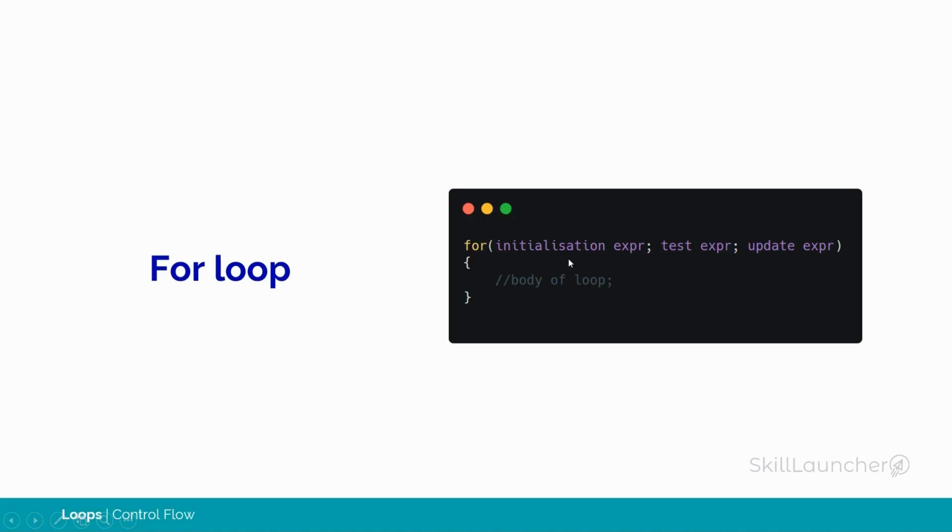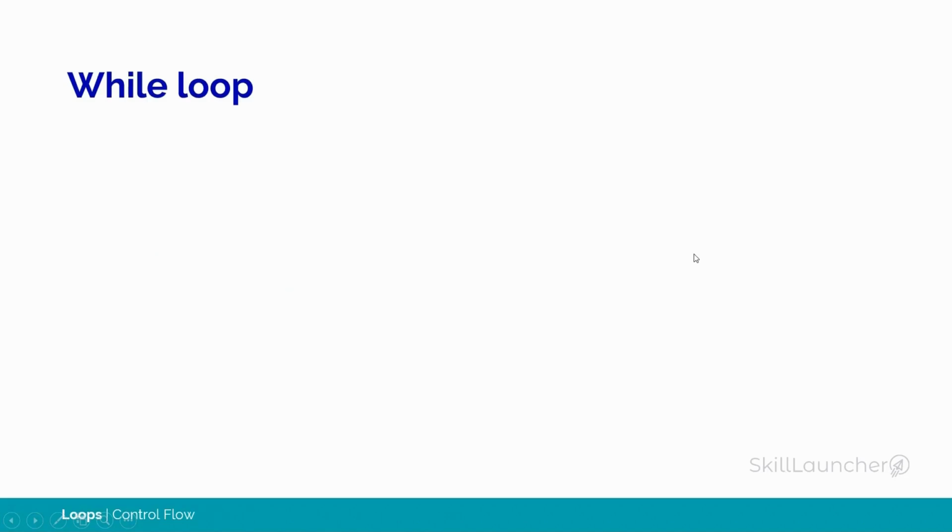Now the counter gets initialized first, and then it tests this condition written here. If the condition happens to be true, body of the loop is executed and the expression is updated. As soon as the expression is updated, the test condition is checked. If it comes to be true, then the body of loop is executed and it goes on till the condition becomes false.